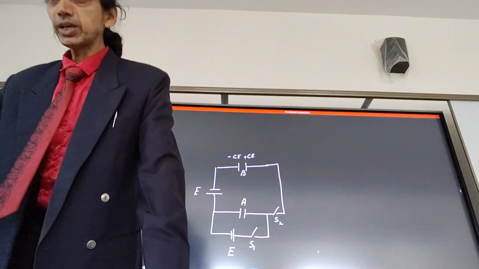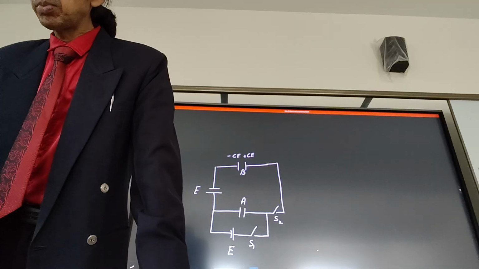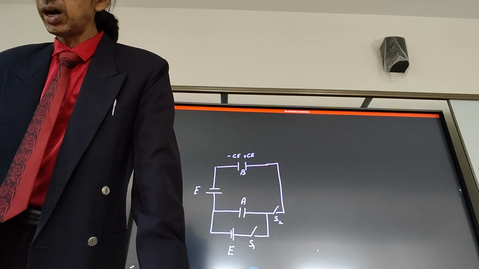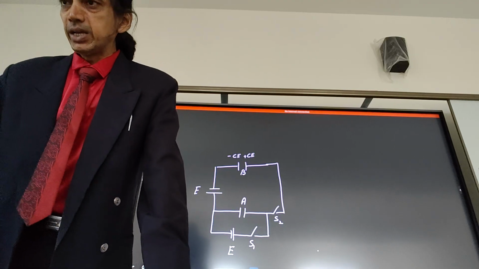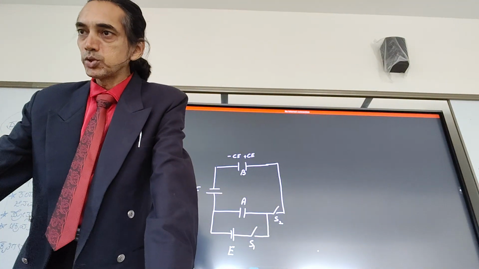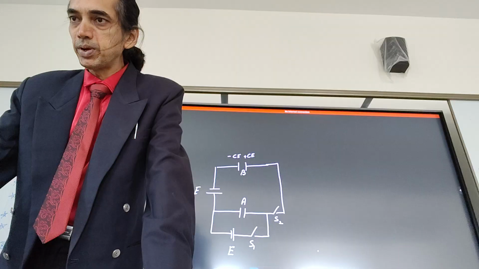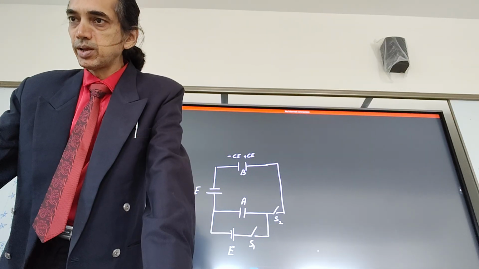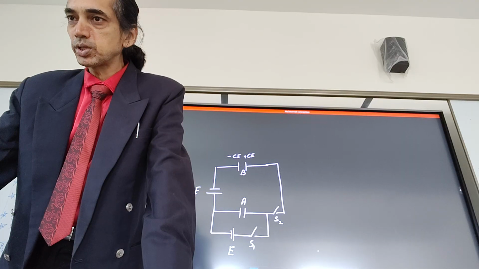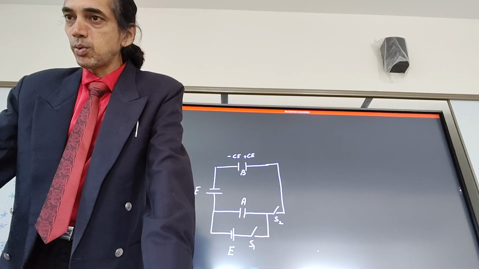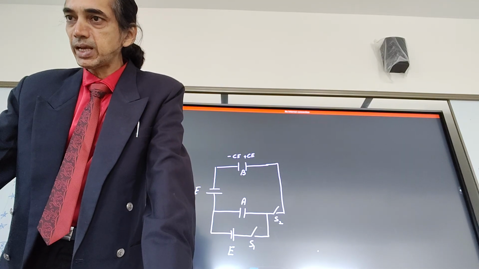The language of the question says that two identical capacitors A and B, both having the same capacitance C, are connected with a battery of EMF E as shown in the figure. Initially both switches S1 and S2 are open, and capacitor B has a charge of CE as shown in the figure. Capacitor A is uncharged.